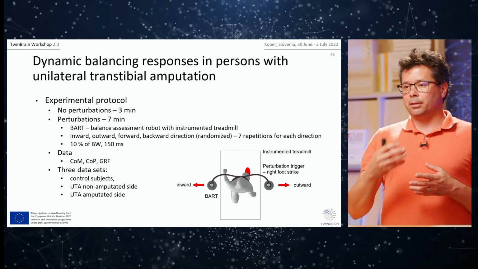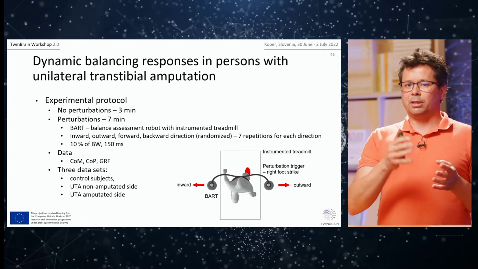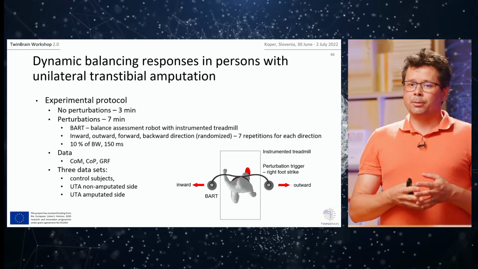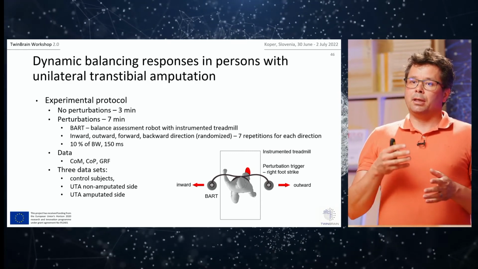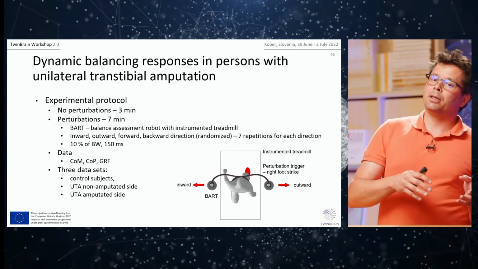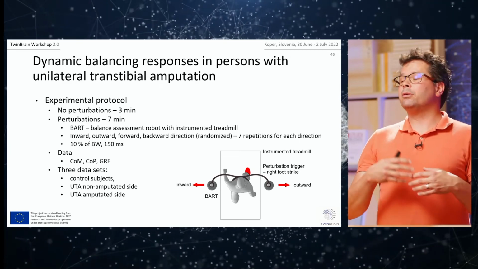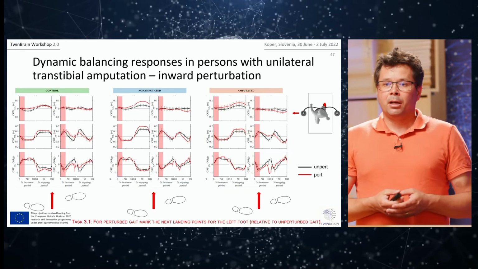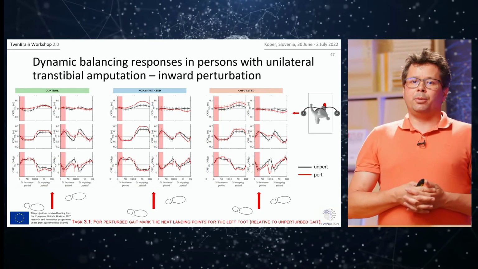First, the responses of the center of pressure, the center of mass, and the ground reaction forces for the normal subject. Then for the amputees, when they were perturbed on their non-amputated side, and the same data when they were perturbed on their amputated side. And these are the results that we obtained.